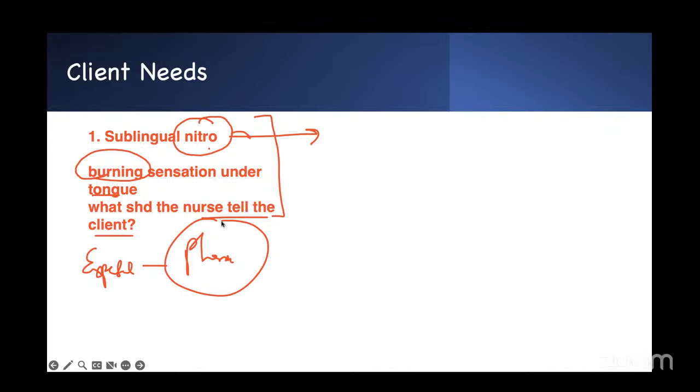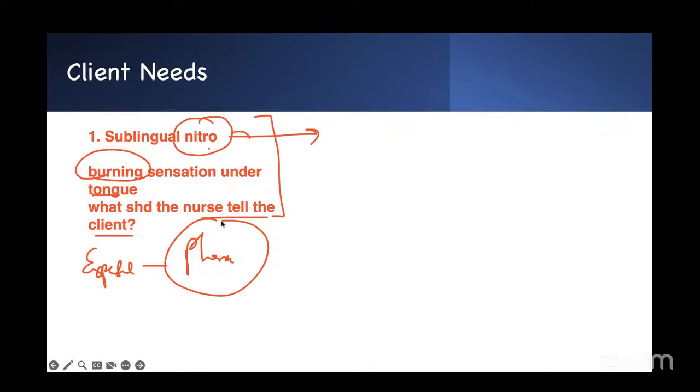And therefore, try and pick an answer that is related to that. So what do you tell the patient? If it's expected, you say, this is what usually happens. Keep on taking it. If you do that, you get the answer straight. There will be other options that will trick you, but you can recognize that this is a pharmacology question.